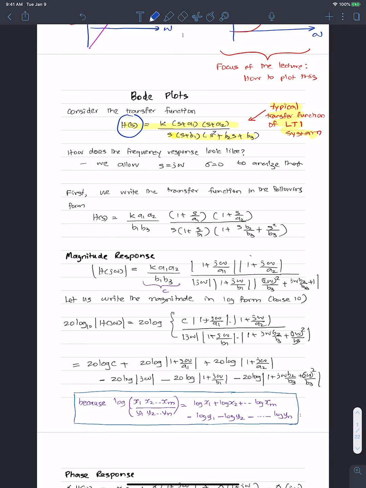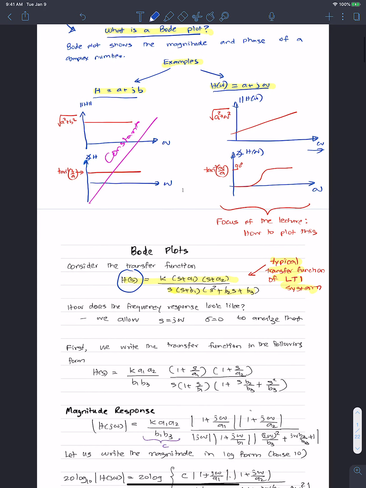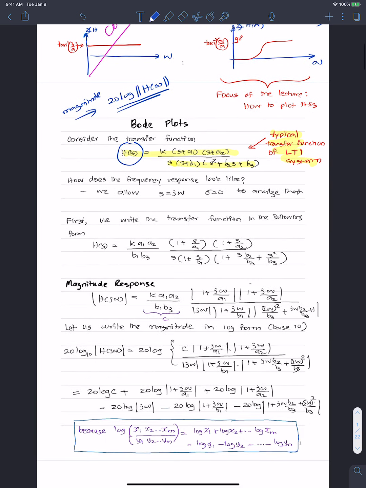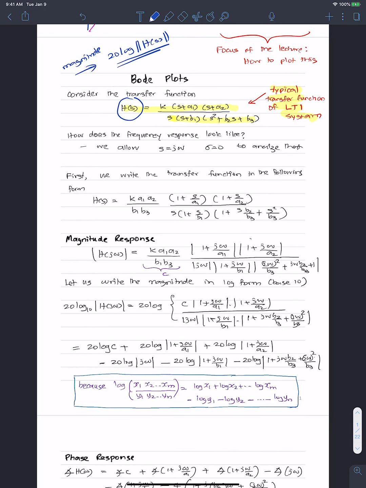Now, some basics we will need moving forward: we will do the Bode plot in log. So if we go back here, instead of this, I will actually draw 20 log of the magnitude of H(s). That is what we will be drawing for magnitude. There's a reason for that, and that is what is being explained here.